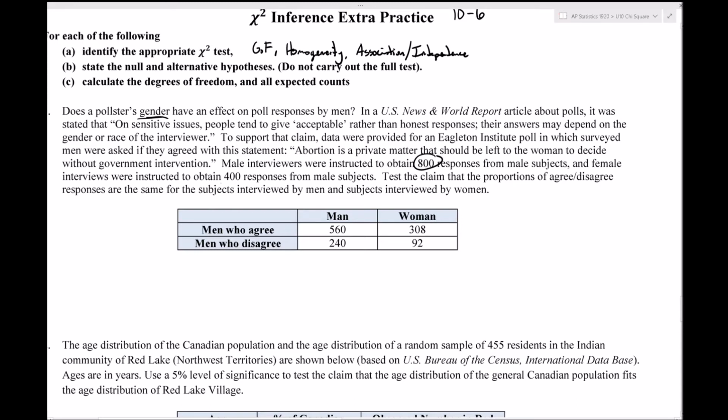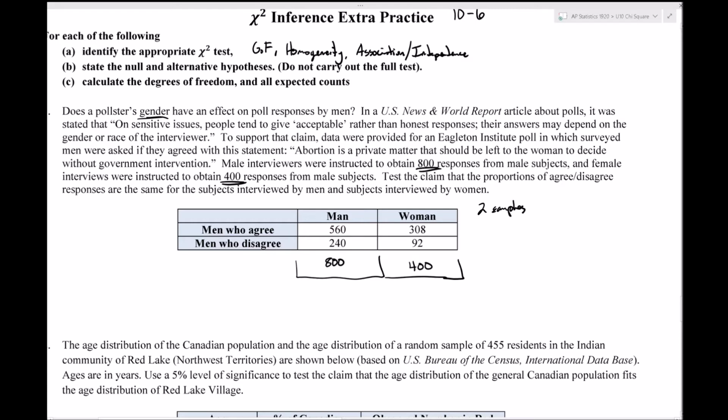Oh, I see. These are two different samples, it looks like. If I read this carefully, these are supposed to add up to 800. So we have a man interviewer, and he was instructed to get 800 responses. And then we have a different interview session given by a female, and these are supposed to add up to 400. So I don't know if those are very different from each other, but we have two samples.